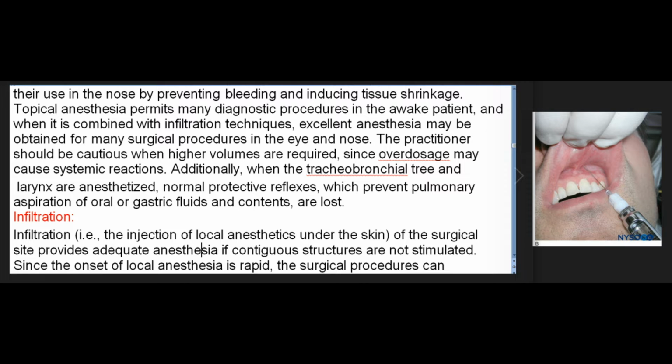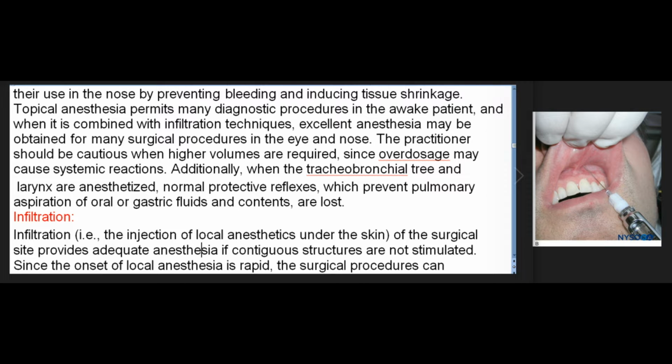The practitioner should be cautious when higher volumes are required, since overdosage may cause systemic reactions. Additionally, when the tracheobronchial tree and larynx are anesthetized, normal protective reflexes, which prevent pulmonary aspiration of oral or gastric fluids and contents, are lost.